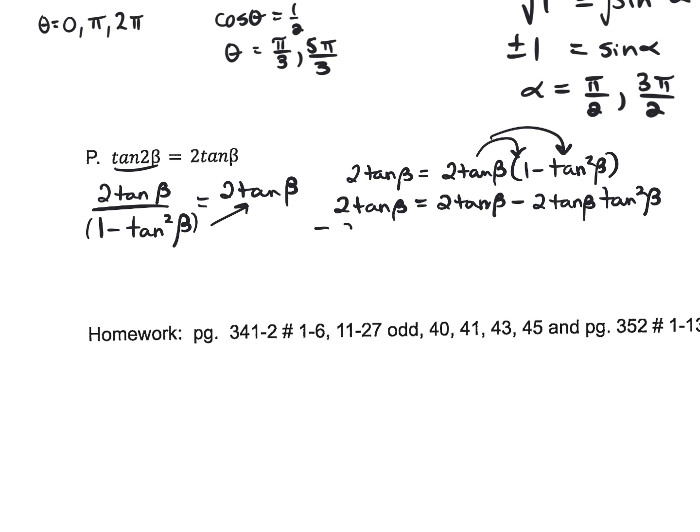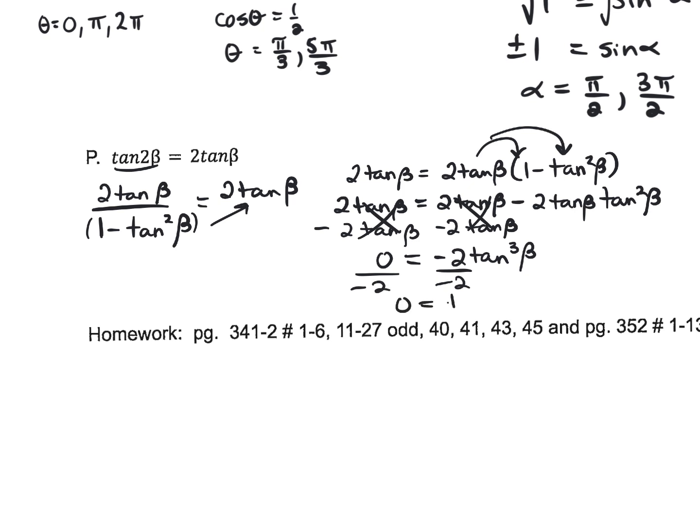So now I can move this over, and look what happens. It canceled out on both sides. And that's tan cubed beta, isn't it? So divide both sides by negative 2. Still 0. Then take the cube root this time. Cube root of 0 is 0.